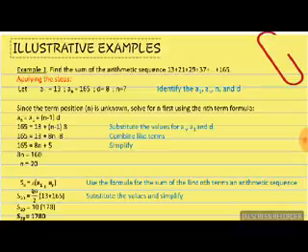So we use the formula for the sum of the first n terms of an arithmetic sequence. So s sub n is equal to n over 2 times the quantity of a sub 1 plus a sub n. Then again, we substitute the values and simplify. And we got an answer of s sub 20 is equal to 1,780.